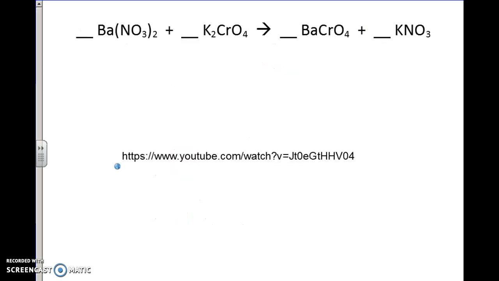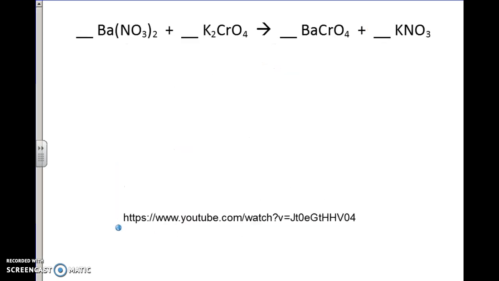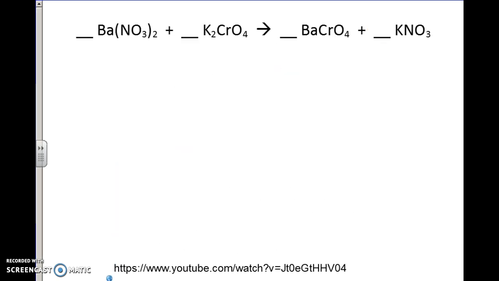And the last one that we have for the day. Again, try to solve this first and then watch how it is solved. I have barium, I have nitrogen, I have oxygen, I have potassium, I have chromium. Go ahead and count the numbers of each of those. I have 1 barium on the left and 1 on the right.